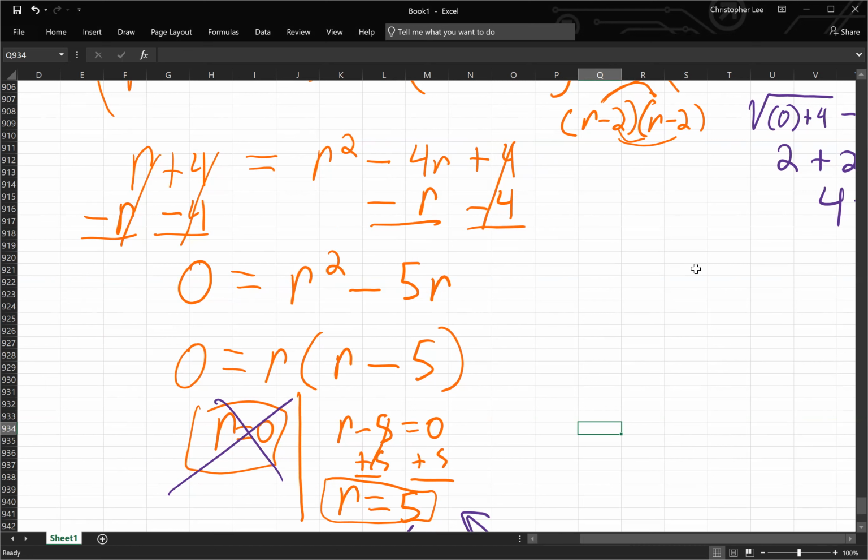I got one that's two squares. When you square it, they will disappear. That even solves easier. All right, let's take a look.